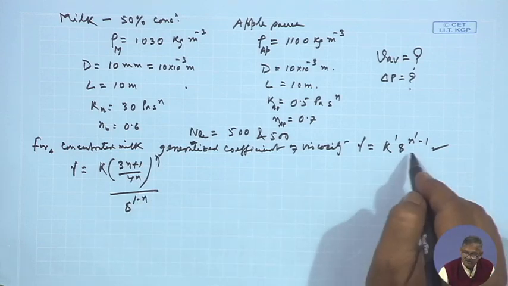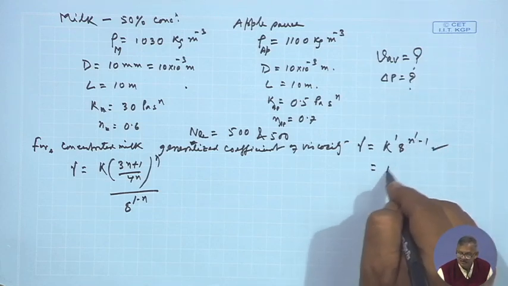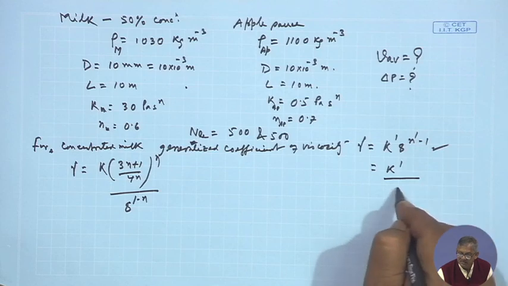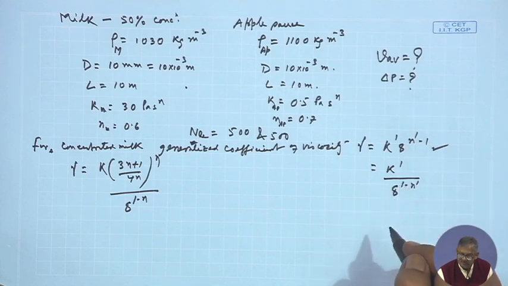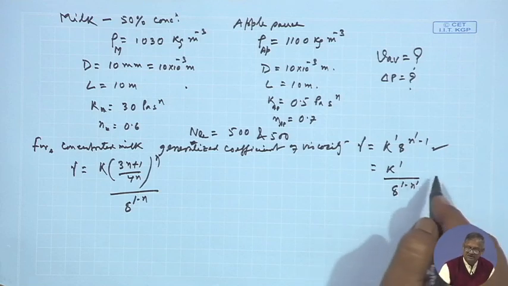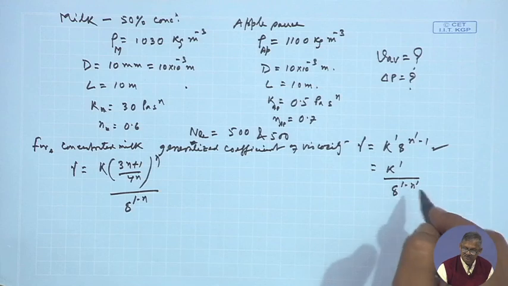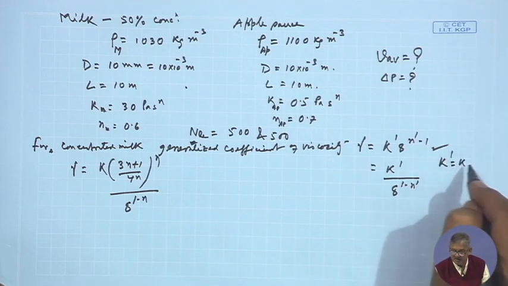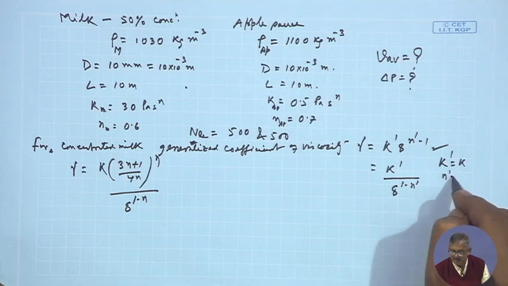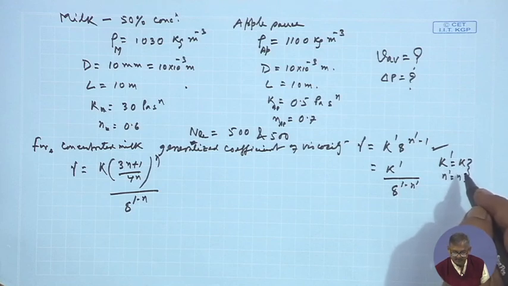Because this 8 to the power n prime minus 1 can also be written as K prime divided by 8 to the power 1 minus n prime. So, we have used the K prime and K relation and the n prime and n relation, which we had given you earlier.